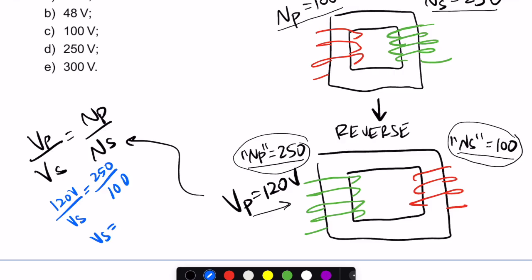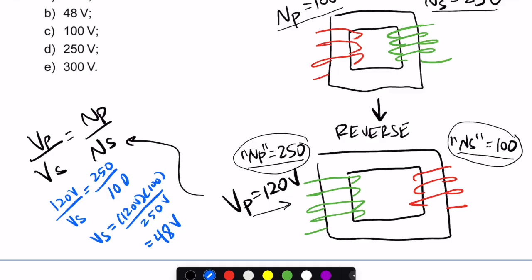Solve for VS. We get 120 times 100 over 250, which is going to give us a smaller voltage, right? And that is going to be 48 volts.